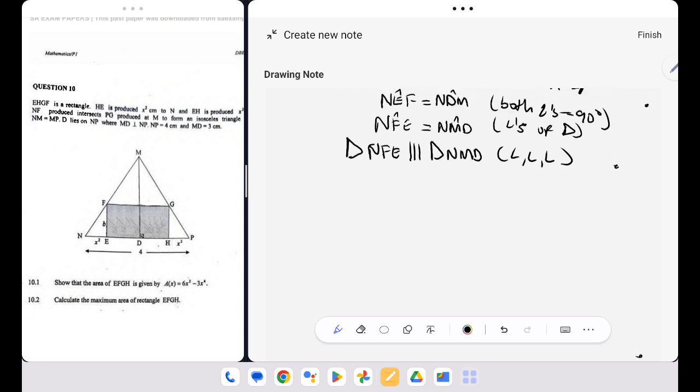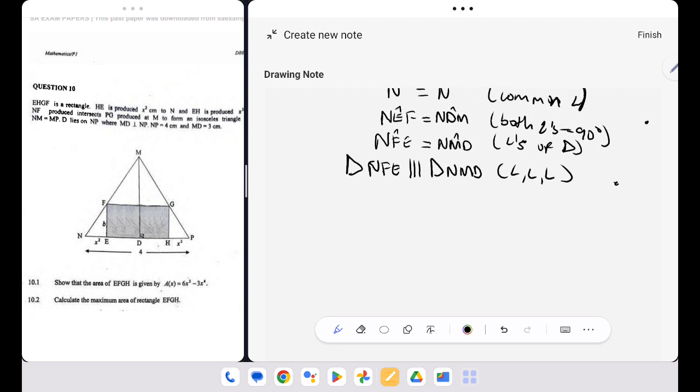When the corresponding sides are in the same proportion, it simply means that FE over MD will be equal to NE over ND. And this is true because triangle NFE is similar to triangle NMD.